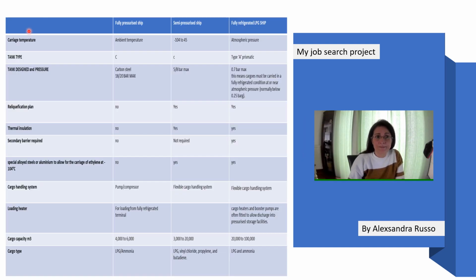Ship types for which I have collected their structural characteristics in that table, and according to them and according to the propane and ethane chemical properties, I can say we can load and transport the two hydrocarbons in which type of LPG tanker and why?